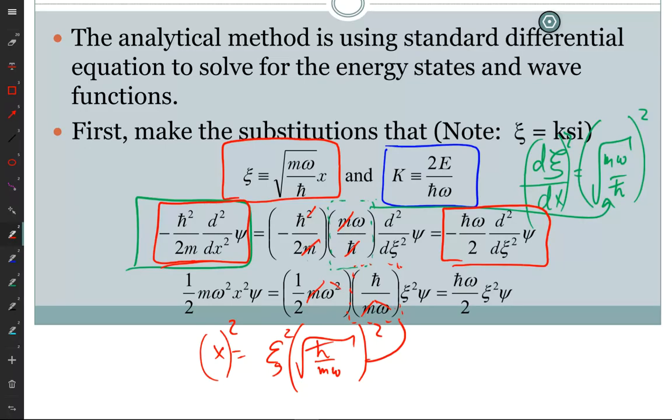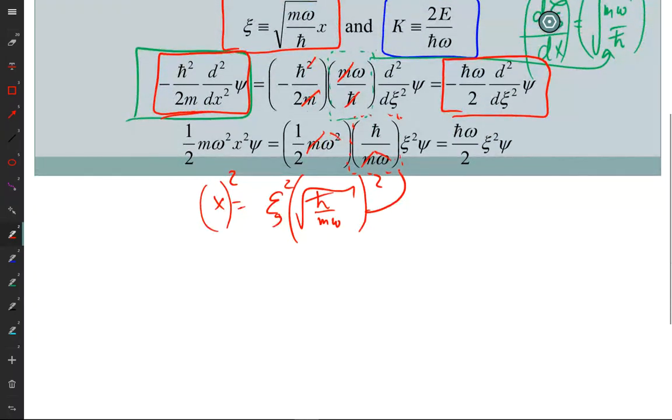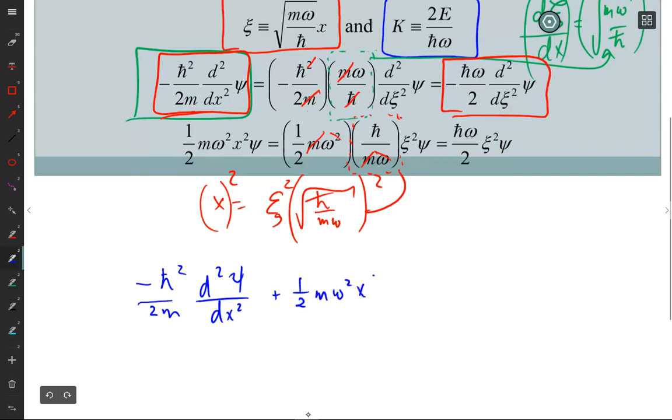So now if I put all of this into my Schrodinger equation, I'll write it out the regular way: minus h bar squared over 2m times the second derivative of psi with respect to x, plus 1/2 m omega squared x squared psi equals E psi.